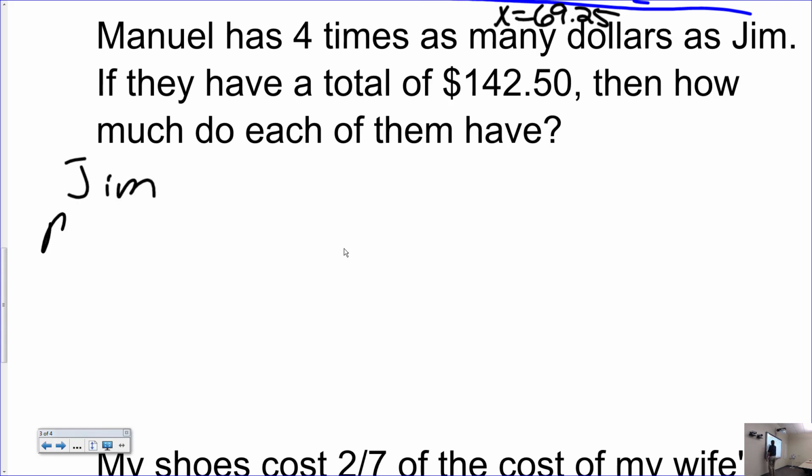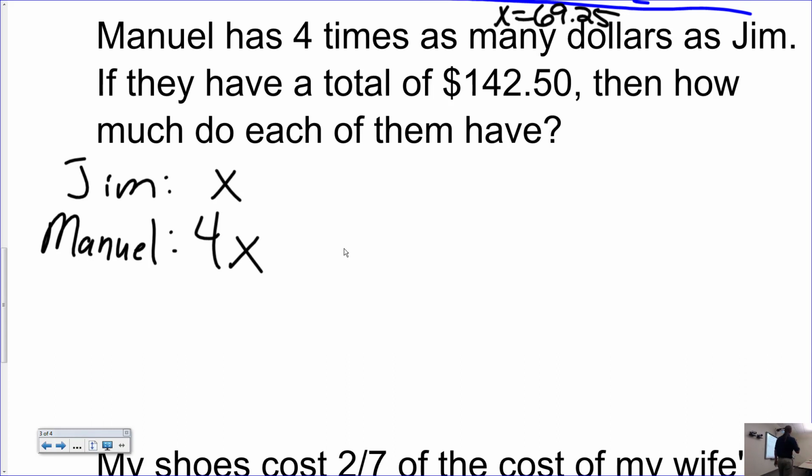Who's X? Jim or Manuel? Who is X this time? Jim, right? Because Manuel is 4 times as much as Jim. Jim is X. Manuel is 4x, right? Because now it has the word times as opposed to the word more.